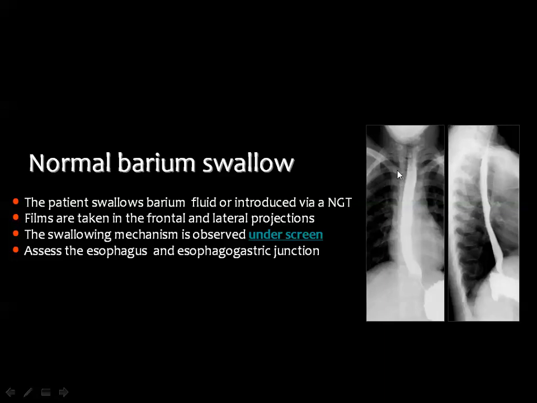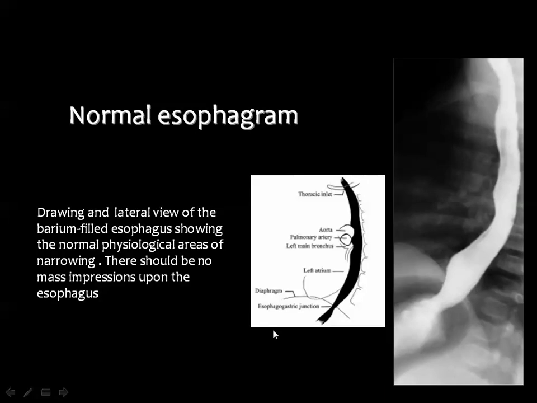Then we should look for the passage of the barium through the esophagus under screen control, and we have projections in the frontal view, in the lateral view, and maybe in the oblique views to look at the esophagus from different aspects.